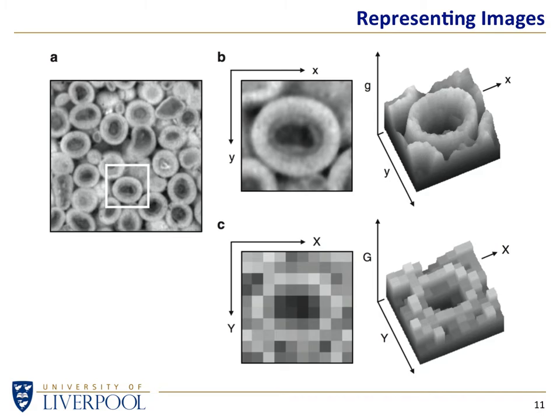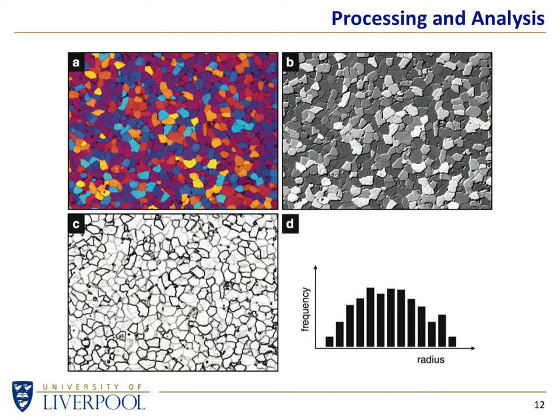So that's just a reminder that although we think of this as a window onto the sample, really it's just a collection of numbers which can be represented in grayscale, or depending on the resolution, we can either have high resolution or low resolution, and a three-dimensional representation or a rather blocky representation, but they are all representations of the original data.